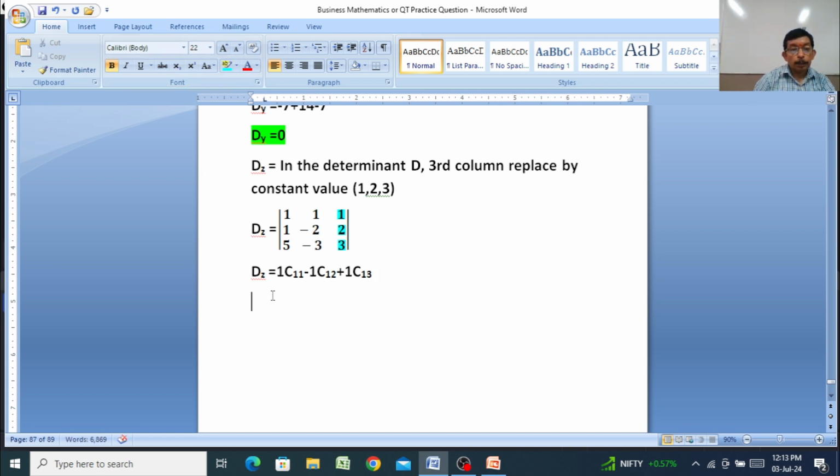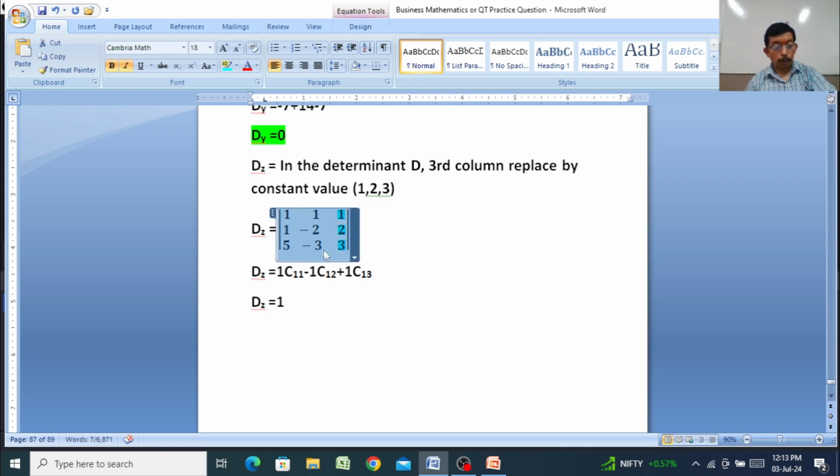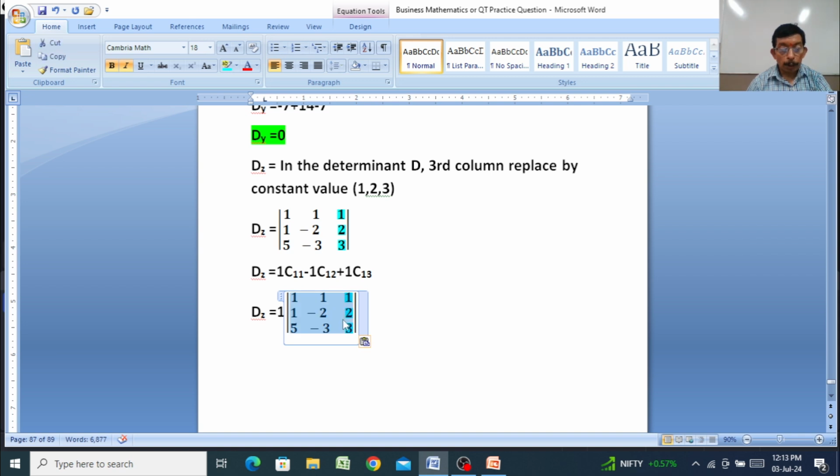Now simplify. In the next step, dz is equal to 1 times C11: the first row and first column elements are cancelled out, and the remaining elements are -2, 2, -3, 3.